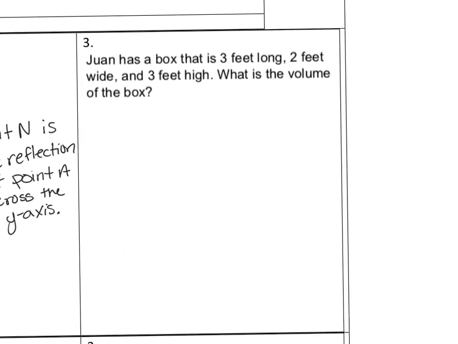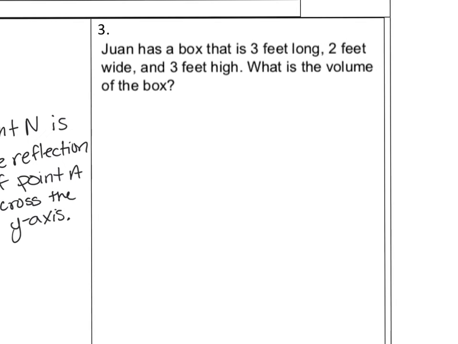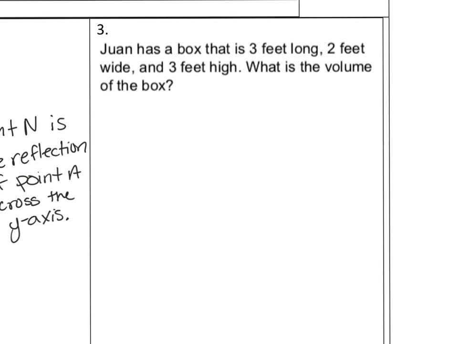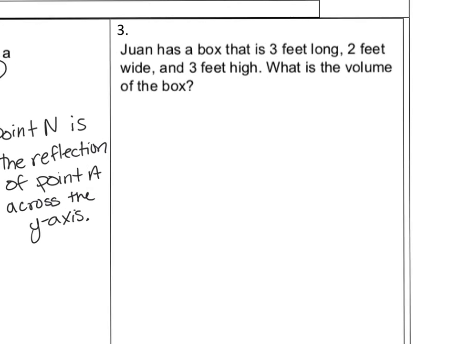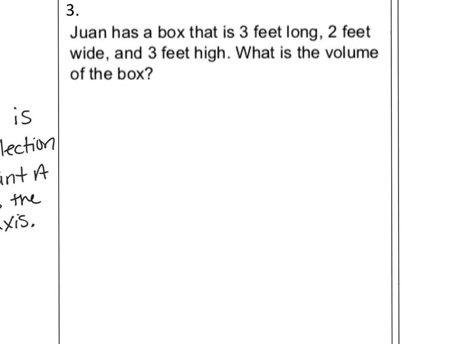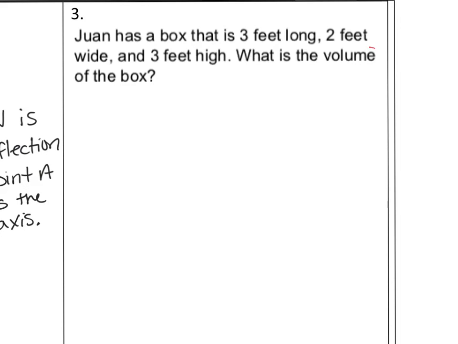Number 3 says, Juan has a box that is 3 feet long, 2 feet wide, 3 feet high. What is the volume of the box? So volume, in a sense, is kind of like area, but in 3D. You can think of liquid. So let's say that you're talking about a rectangle or a square. That's a 2-dimensional object.